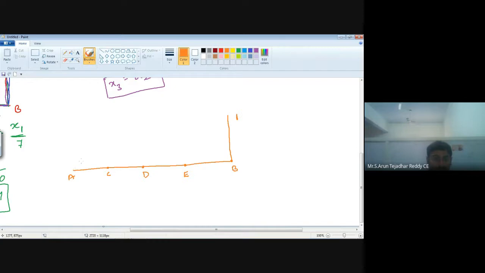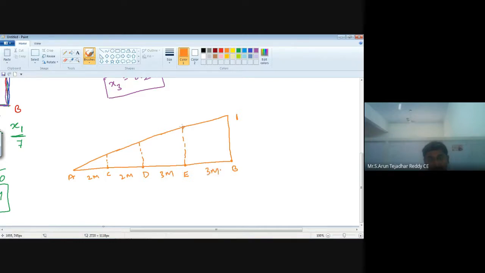Okay. Now see, whatever values we calculated, just write here. Generally, it is 2 meter, 2 meter, 3 meter, 3 meter.